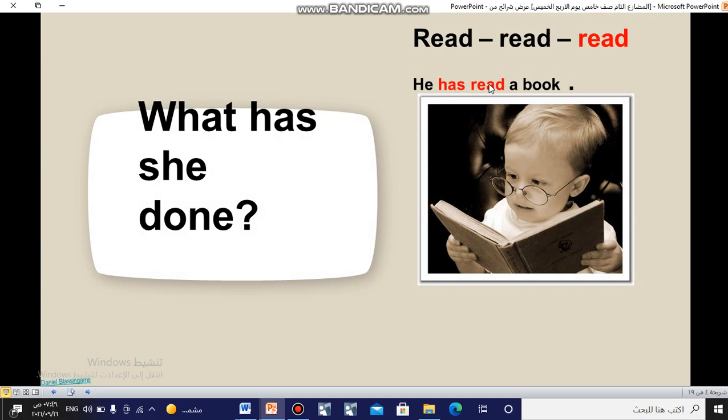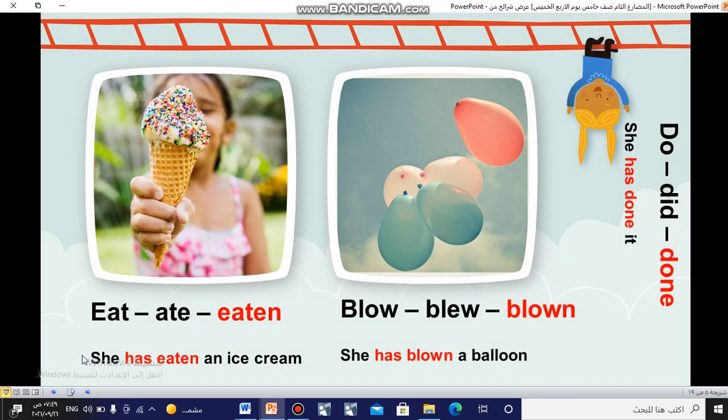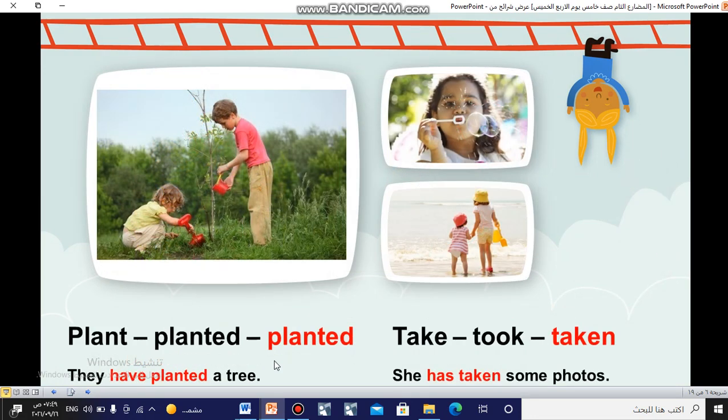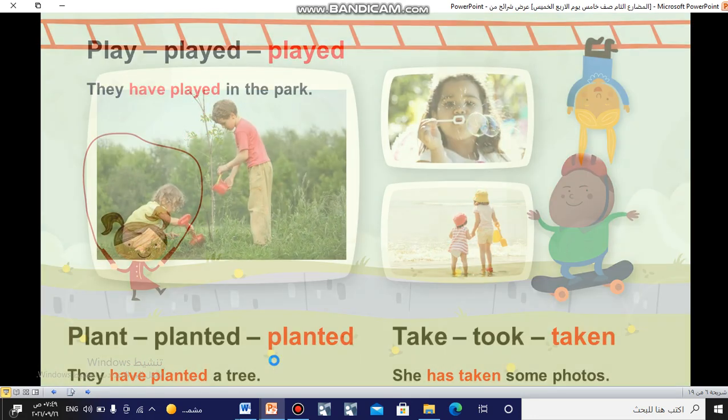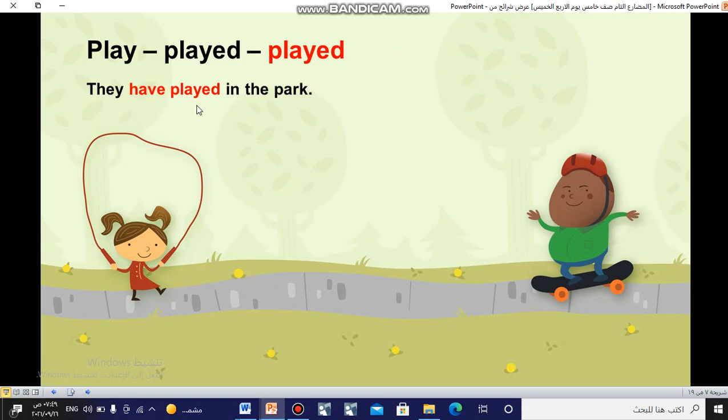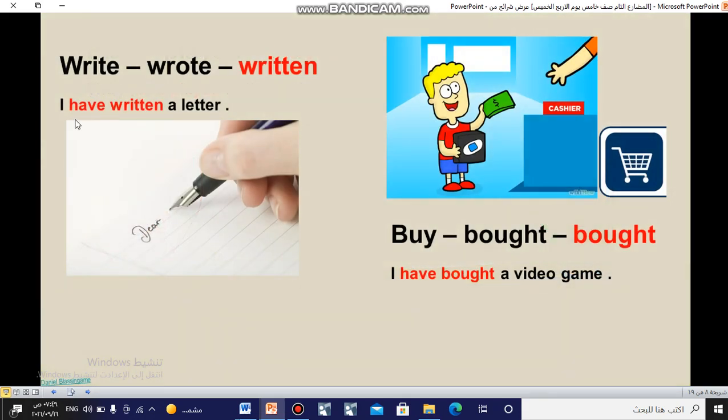He has read a book. She has eaten an ice cream. They have planted a tree. They have played in the park. I have written a letter. I have bought a video game.